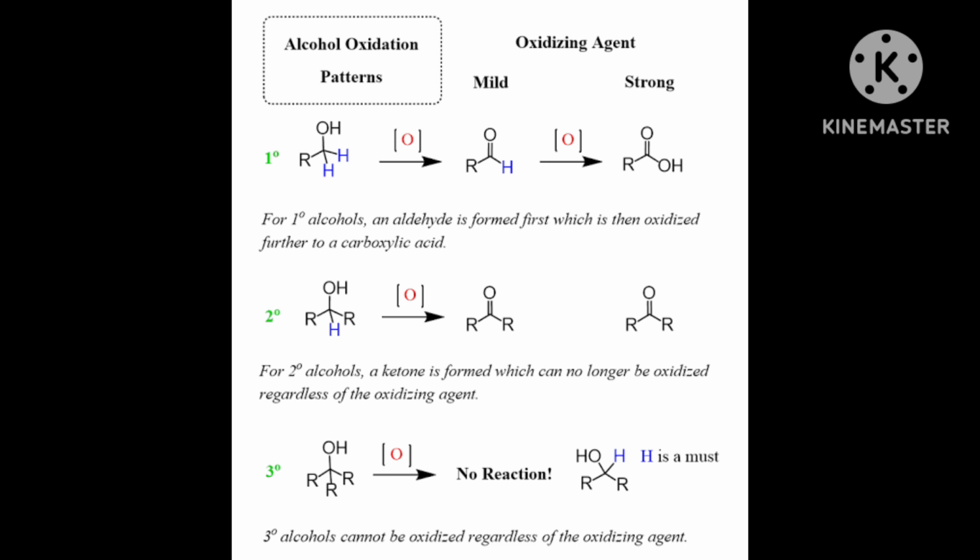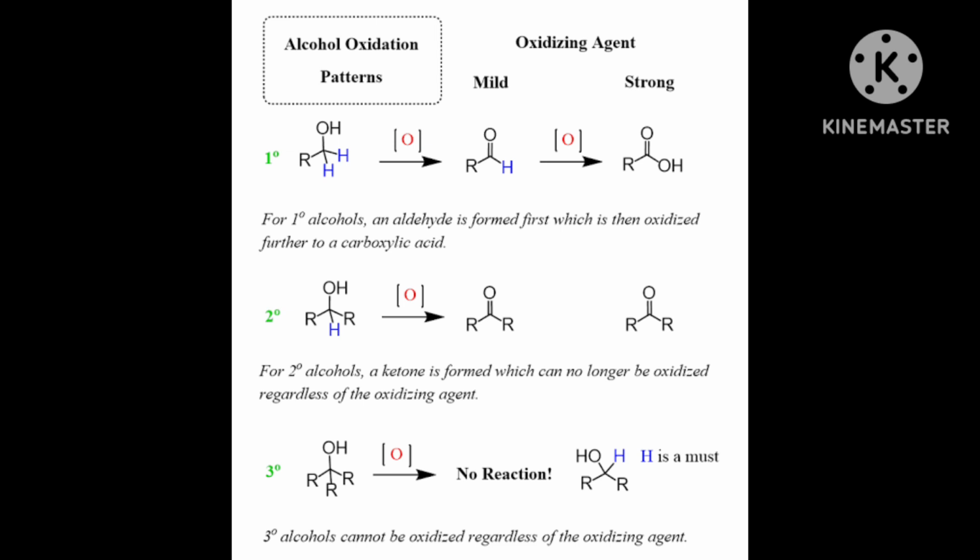A primary alcohol is oxidized to an aldehyde, and this aldehyde in turn is oxidized to carboxylic acid.